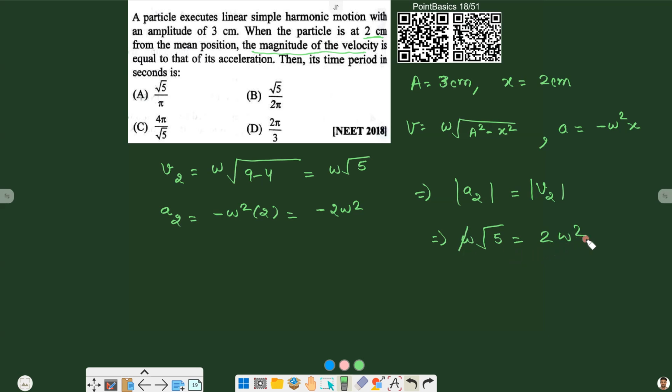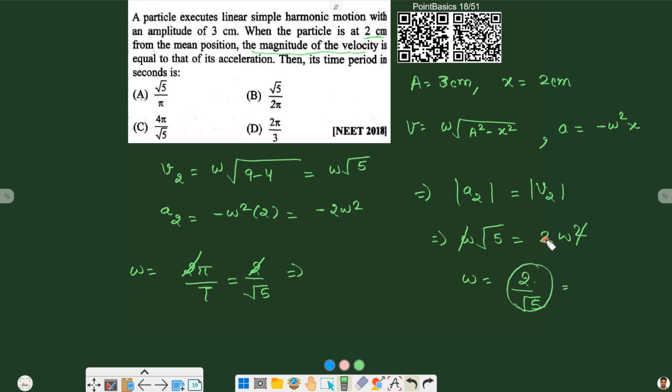Omega gets cancelled, and we have omega is equal to 2 by root 5. Both of these were in centimeter, so centimeter cancels with centimeter and we don't have to convert. Now to find the time period, omega is equal to 2 pi by T. I think we made a mistake here.